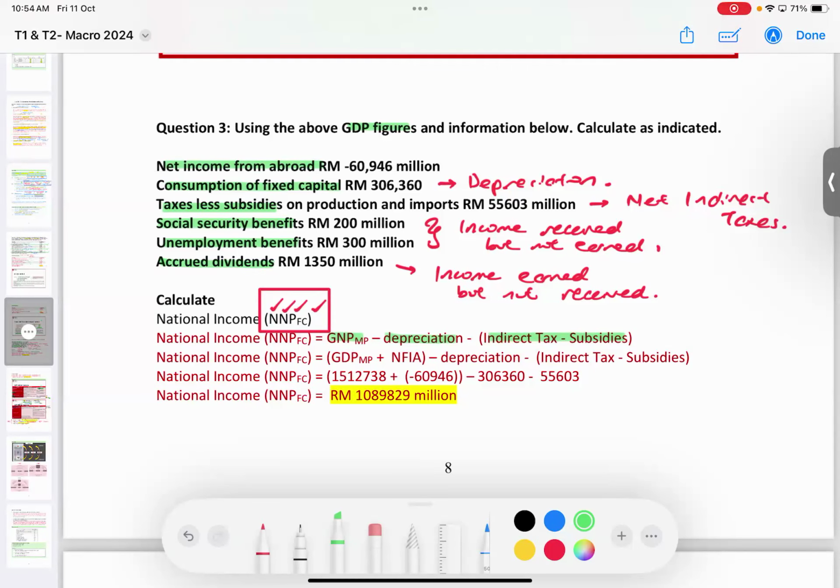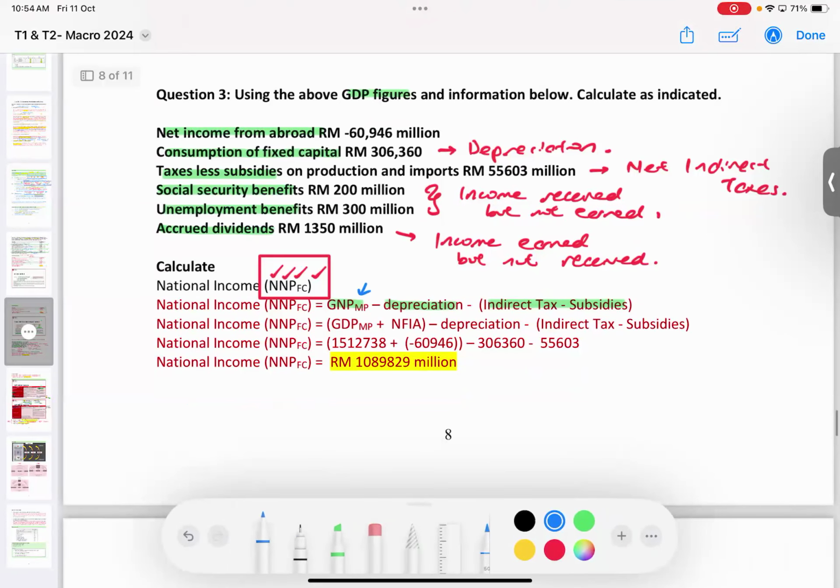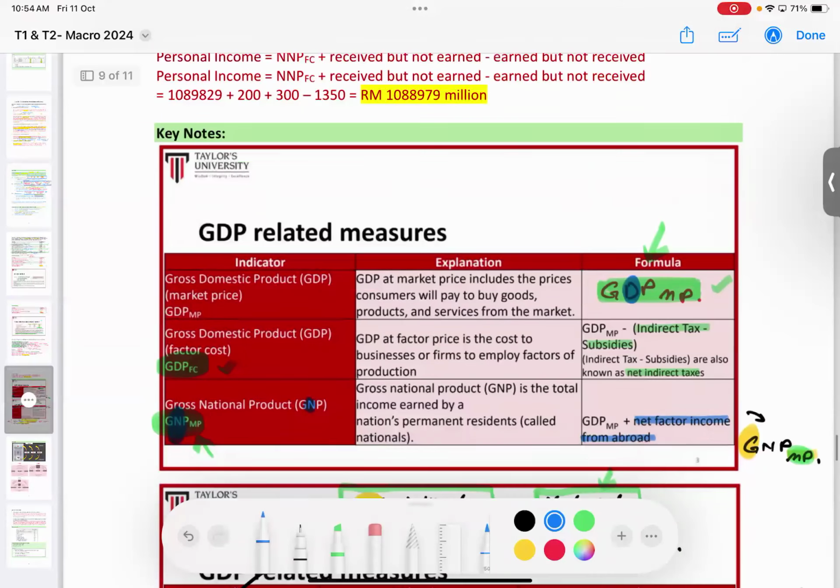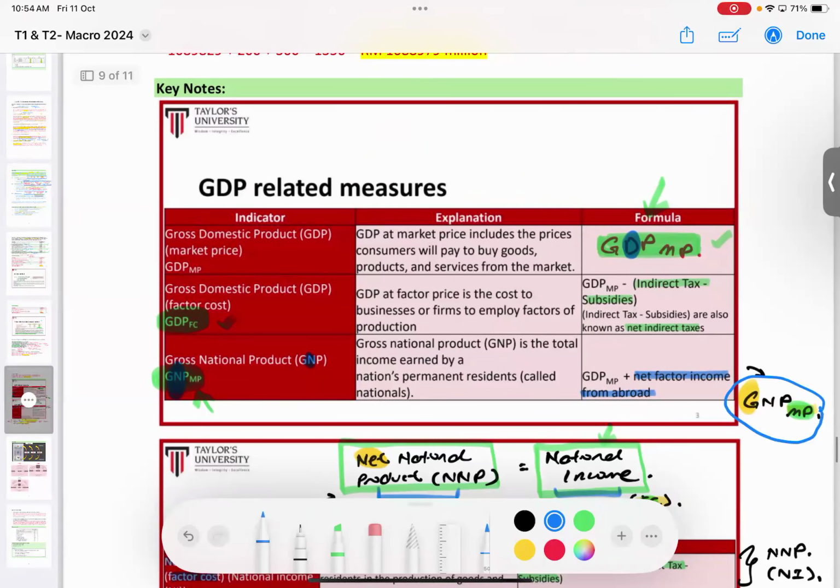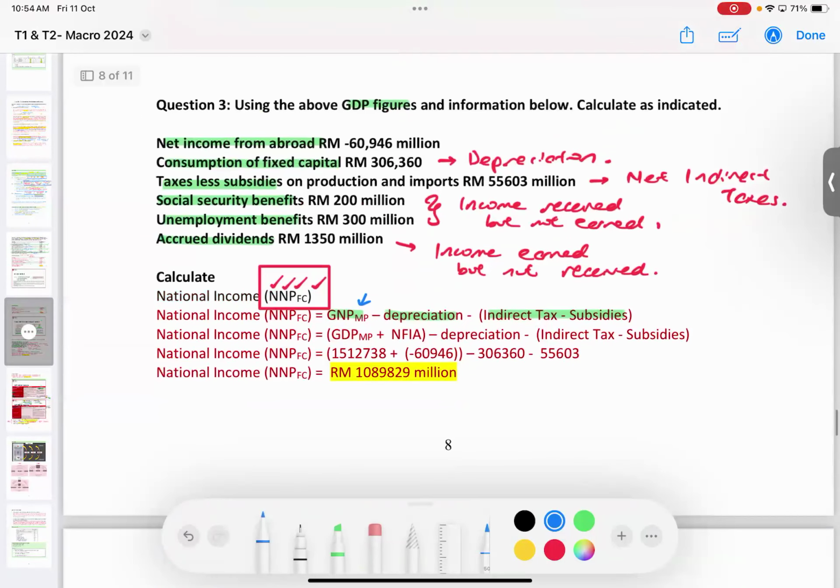But how do we calculate the gross national product? You see in the question, we have a sub question: how do we calculate GNP? We use GDP plus net factor income abroad, minus depreciation, minus net indirect tax.